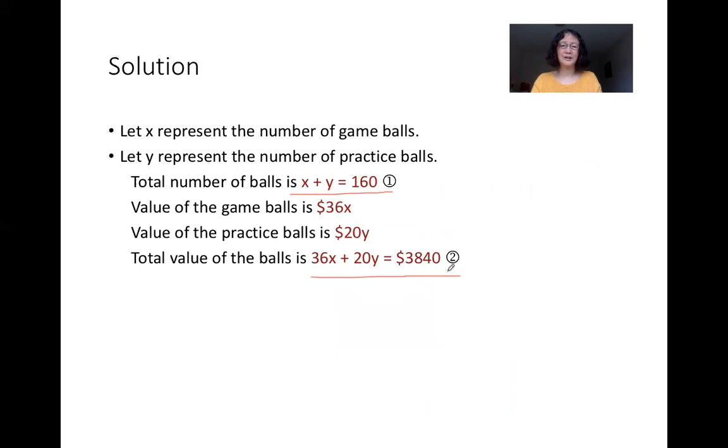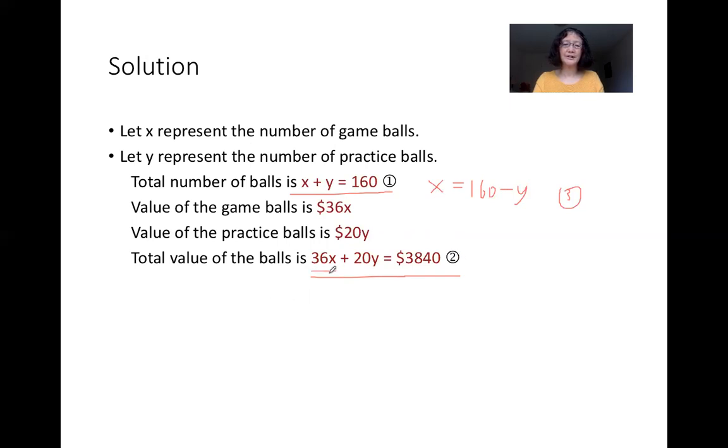Once you have these equations, maybe we can quickly solve it. From equation 1, we have X equal to 160 minus Y. We call this equation 3. Okay, and plug this X into equation 2.